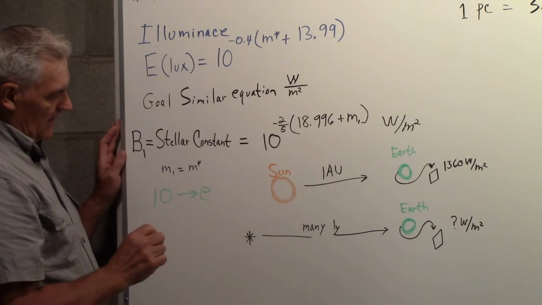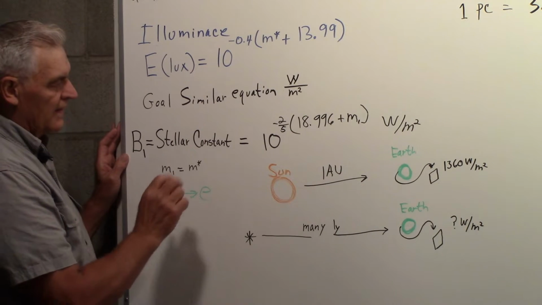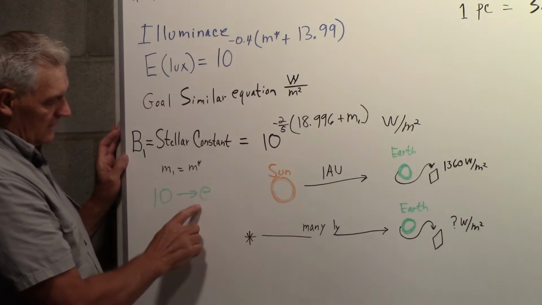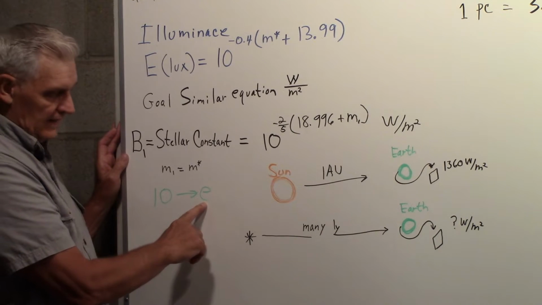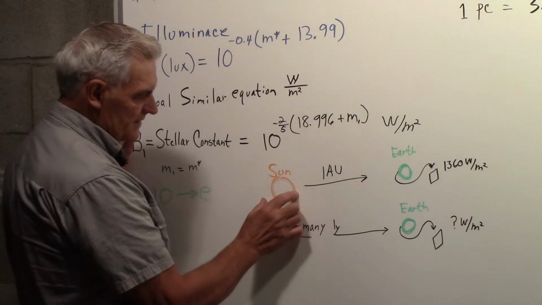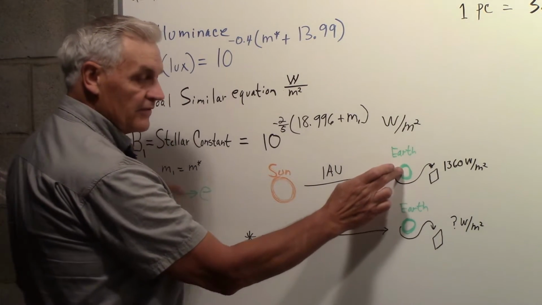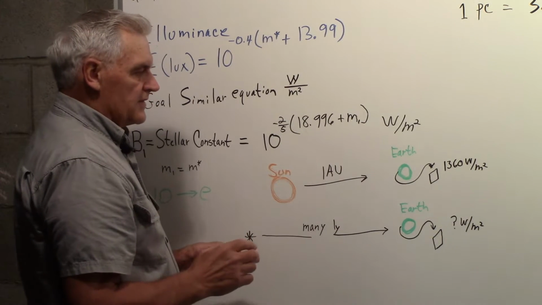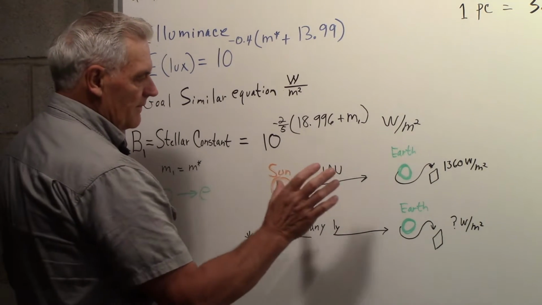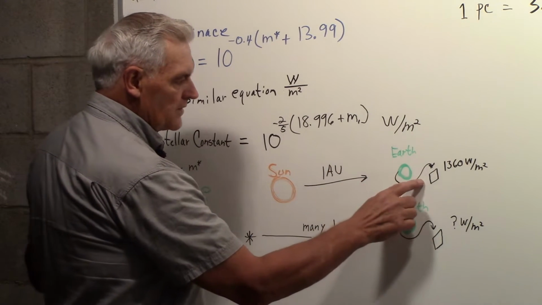The third thing that we will do is we will take a look at converting this 10 to the exponent e. So the basic idea is here we are, here's the sun, and 1 astronomical unit away is the Earth. And the solar constant is the power that's coming through 1 square meter.